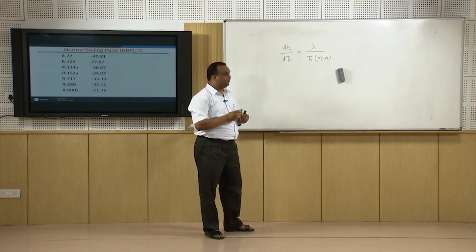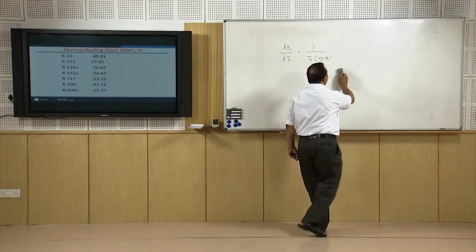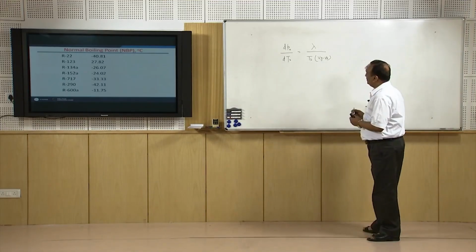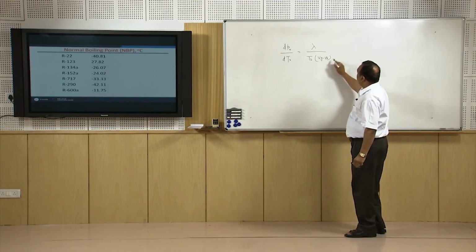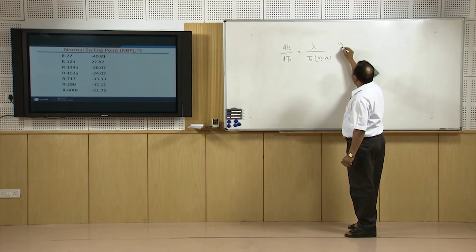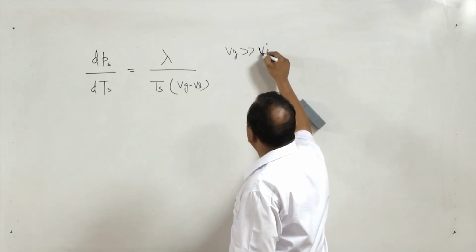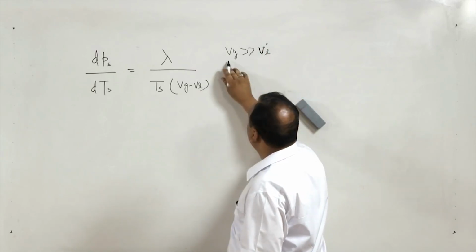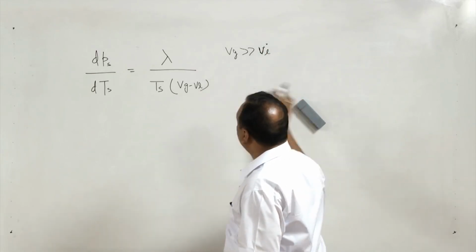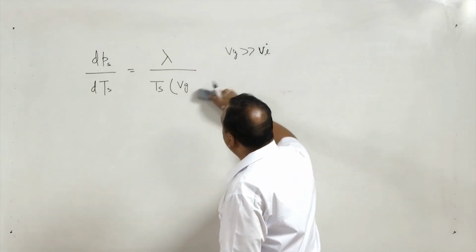It is applicable for a saturation condition of any fluid. Now, here, because Vg is much greater than Vl, the volume of the liquid is much less than the volume of the gas. So, this can always be neglected.